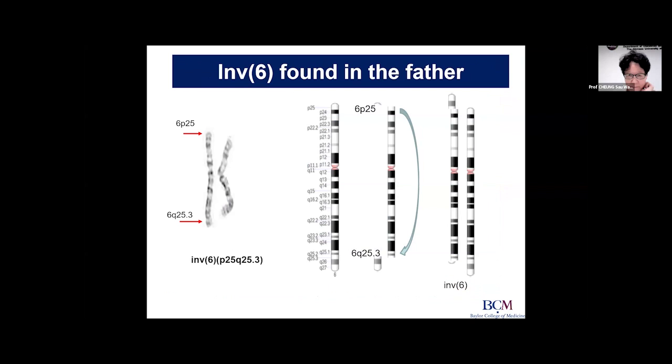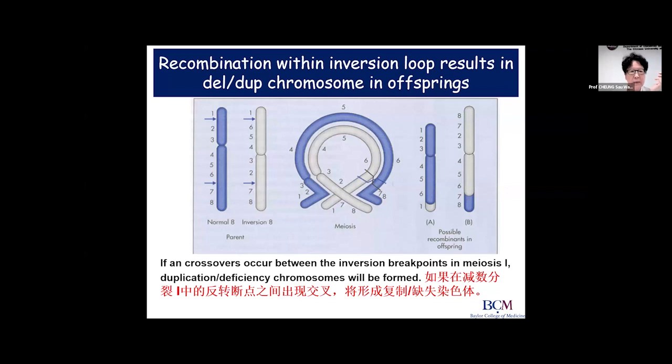So if this is inverted during meiosis, they cannot pair regularly, they couldn't do the homologous pairing. Instead, they would form an inversion loop.